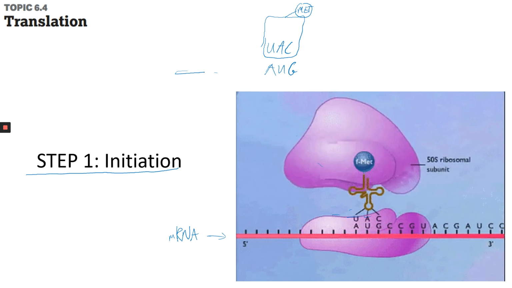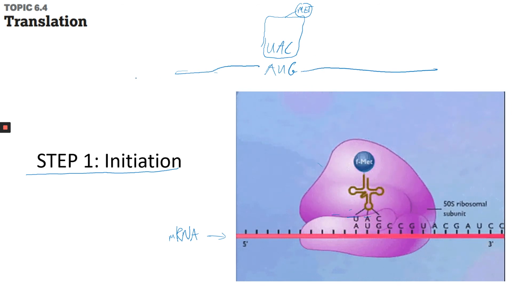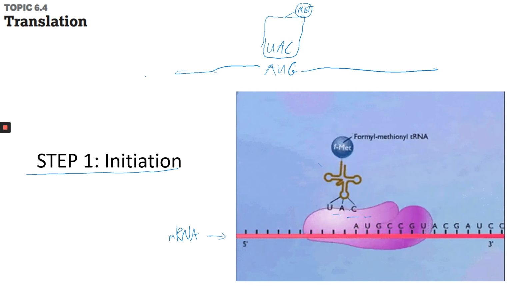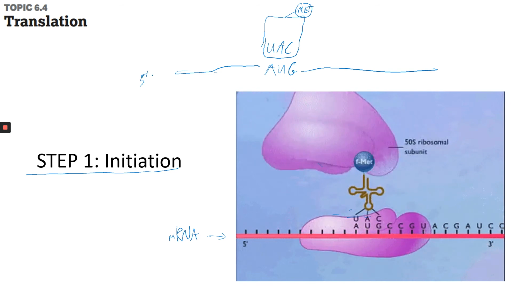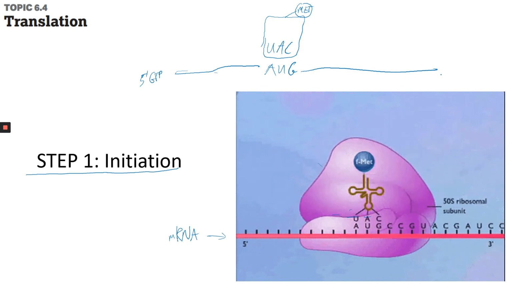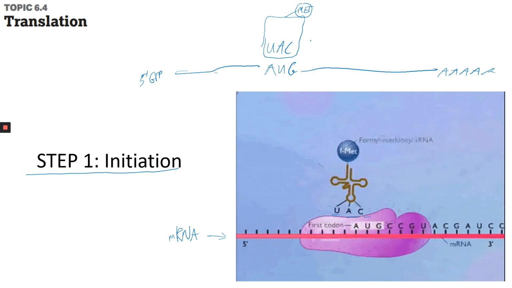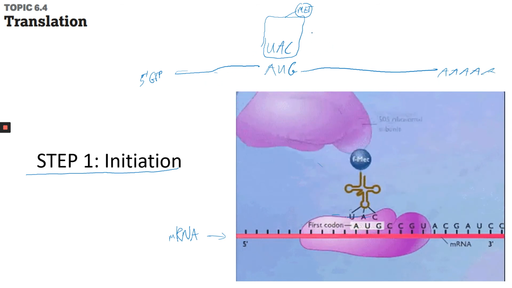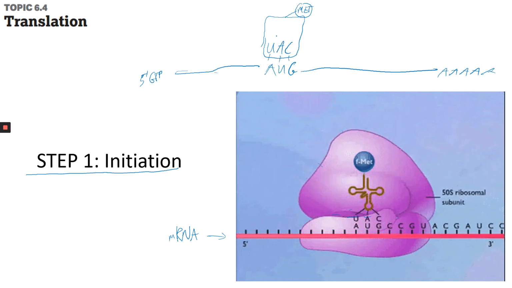And this is my long string mRNA right here. There's more bases. There's probably a 5' GTP cap and a 3' poly A tail, right? So you probably have a non-transcribed region over here, but my point is you have complementary bases that line up on this anticodon.